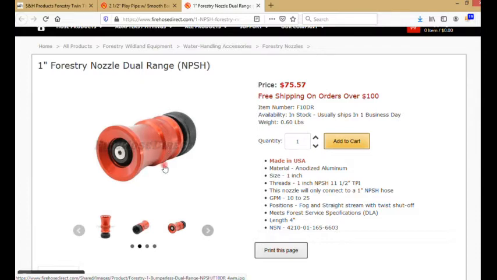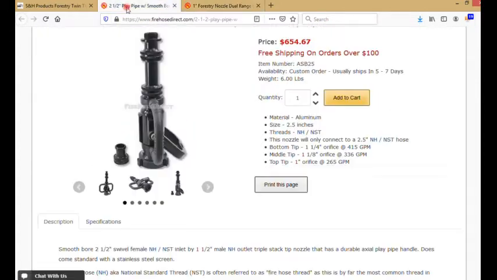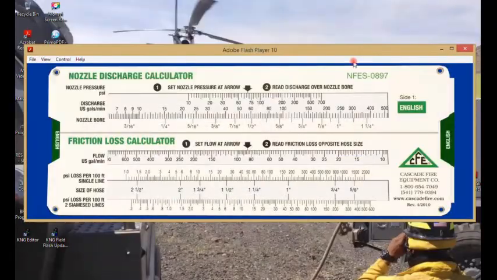So how they determine the size is that when we say 1 inch and 1.5 inch combination nozzle, we're referring down here to the hose connection size. But when you get up into a smooth bore, it no longer has anything to do with the hose connection size. It's all about the tip size. So just keep that in mind as we go through these things.